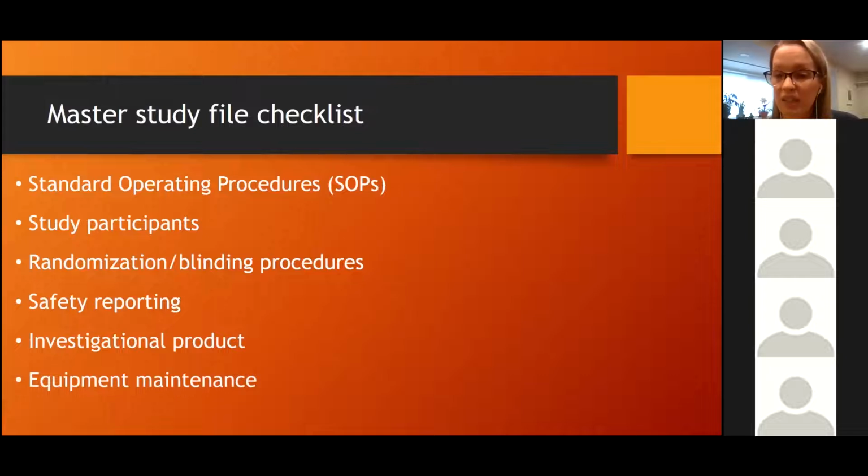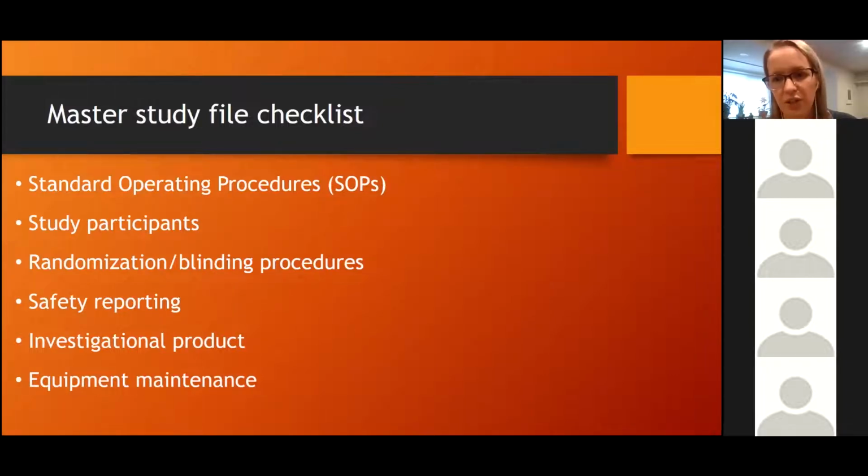So, equipment maintenance. I'm sure this is something that everyone at Toronto Rehab is very familiar with, your lab and all the amazing equipment that you folks are using. You want to keep on hand those validation records or calibration logs, equipment certification, anything to do with the quality and functioning of that equipment.